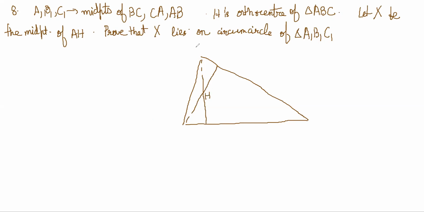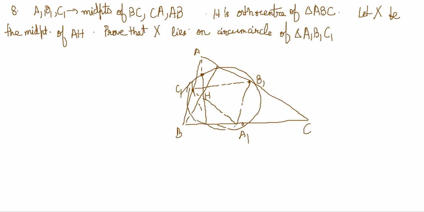This is H, this is A, this is B, this is C, this is A1, this is B1, this is C1, triangle A1, B1, C1, and you have to prove that the circumcircle of this triangle passes through this point, right?